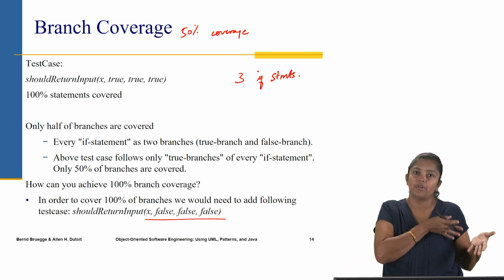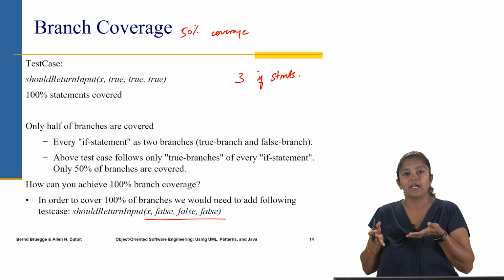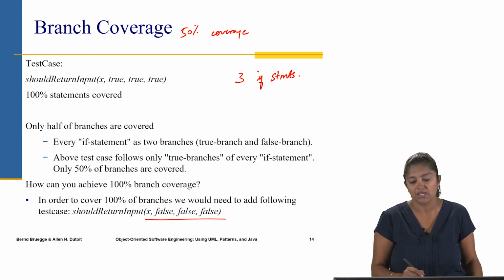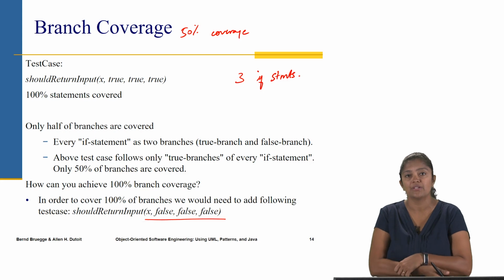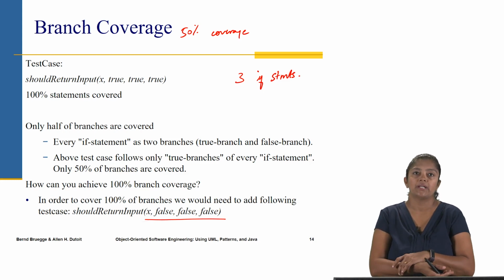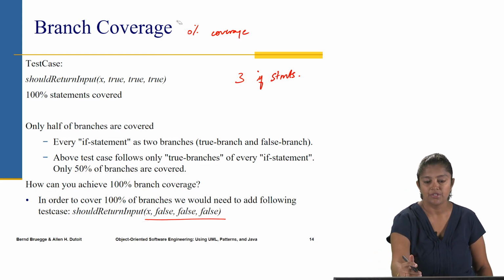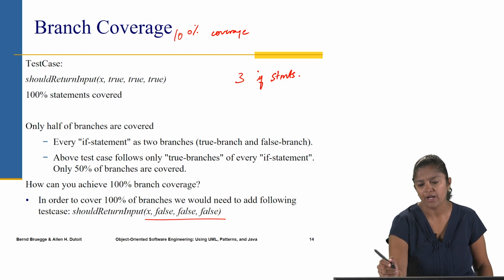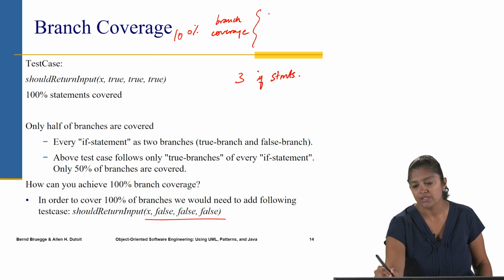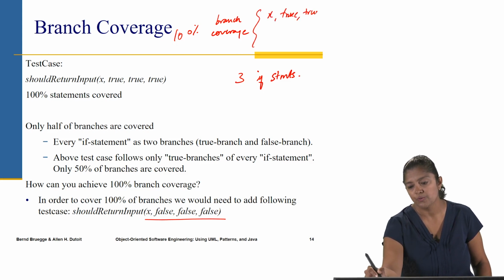The first test case took care of all of the true branches, and the second test case will take care of all of the false branches, and that way we can get 100% branch coverage with two test cases: the first one with true, true, true, and the second one with false, false, false.